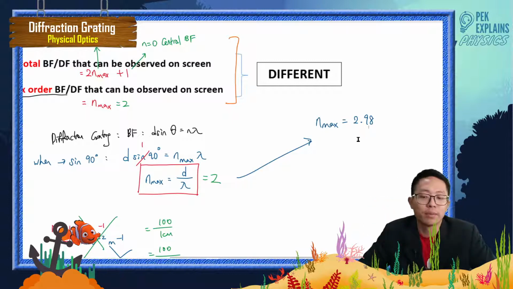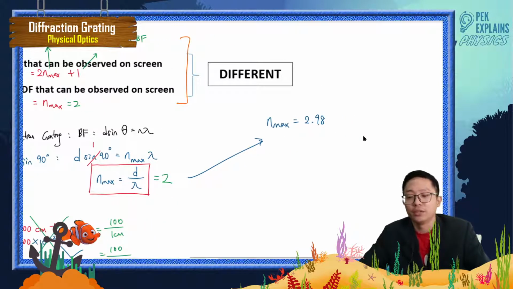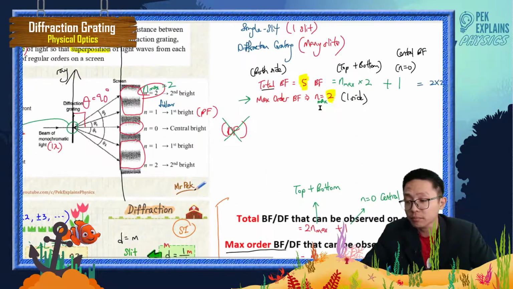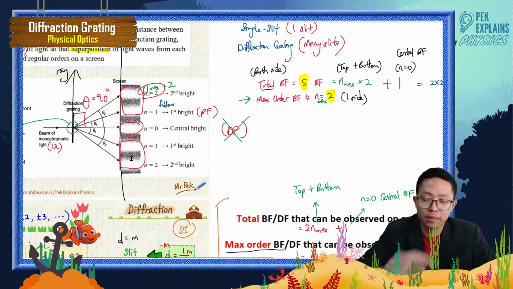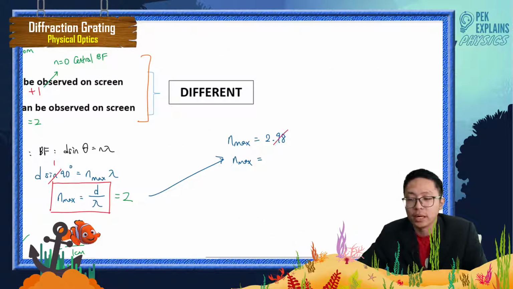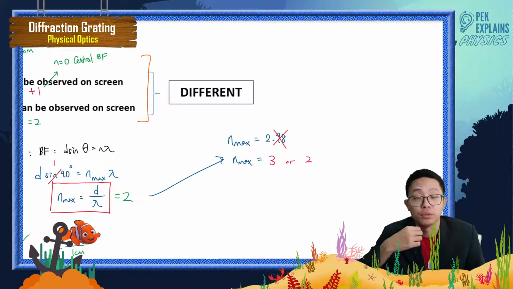So what's the maximum order that can be found on the screen? Do you write n equal to 3? The order has no decimal place, we cannot put a decimal. So do we put 3 or 2?